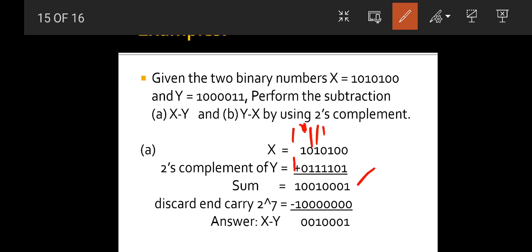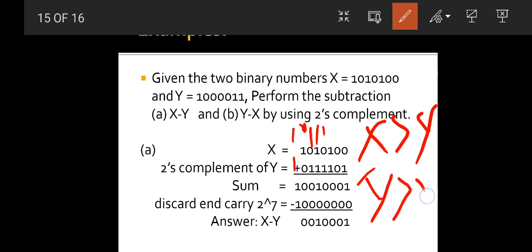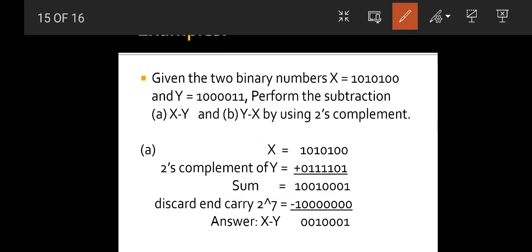The next step is you have to check if your x is greater than your y or your y is greater than your x. So, how can you determine for the binary numbers kung greater ba ang imong x or less than ba ang imong x sa imong y? So, as you can see, the first digit is 1.